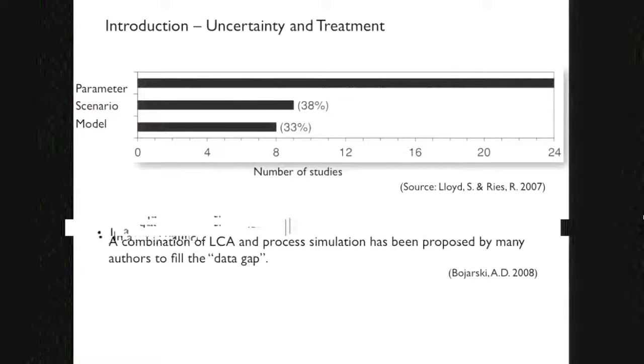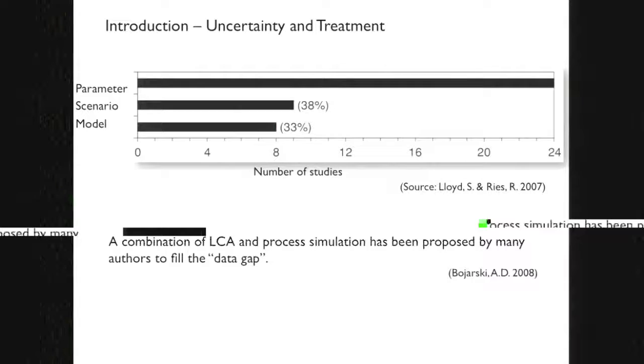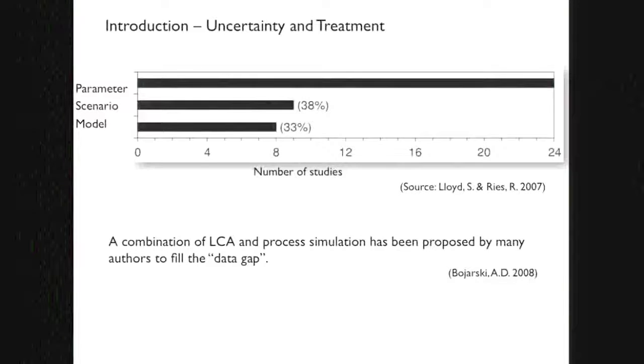But this is not a perfect method because it has some uncertainties, like the parameters. People always choose different parameters to evaluate the balance, and they choose different scenarios because they are focused on different questions. And models, people use different models to measure the balance.